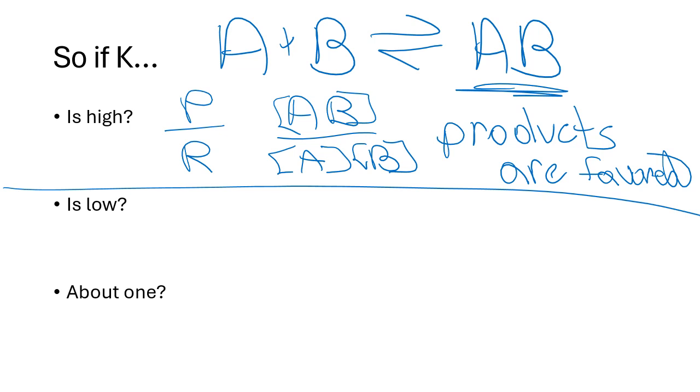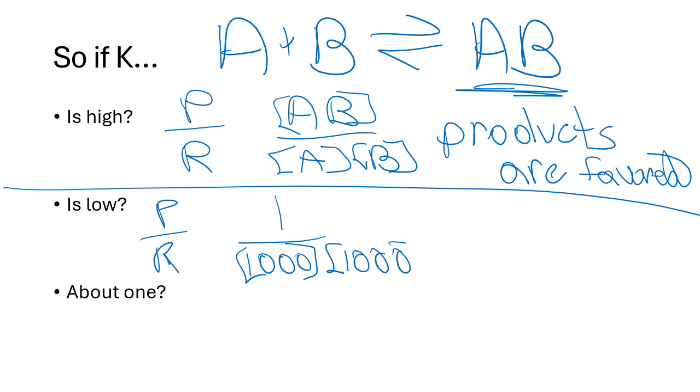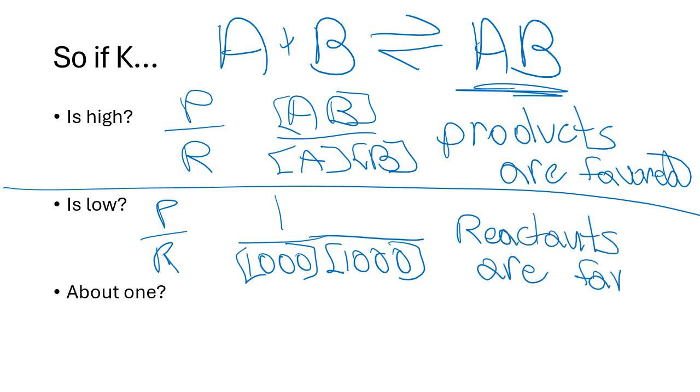And the opposite of it is, since K is products over reactants, let's say we have 1 AB to every 1,000 A's and B's, we're going to have a very low number. So therefore the reactants are favored.